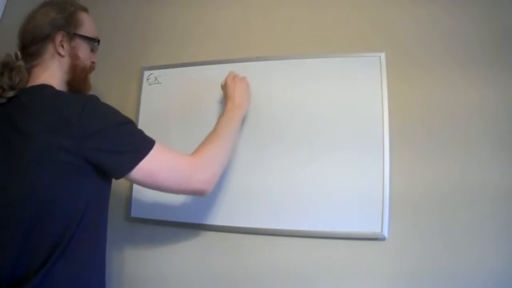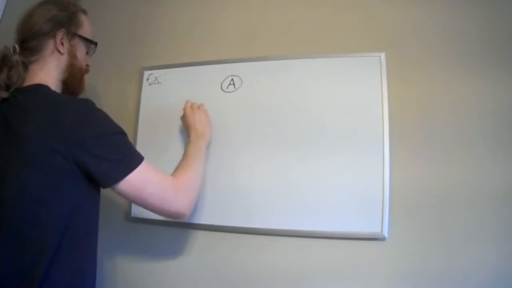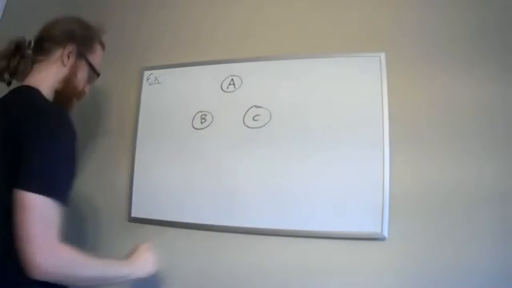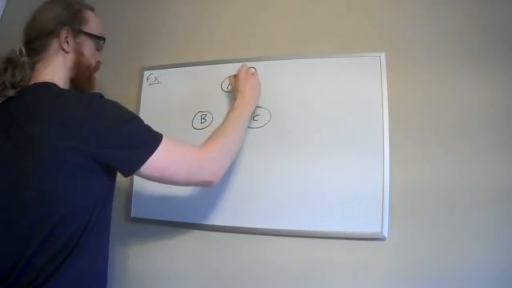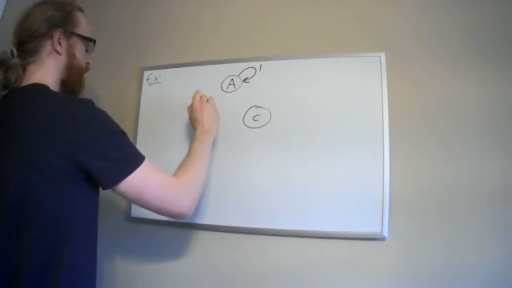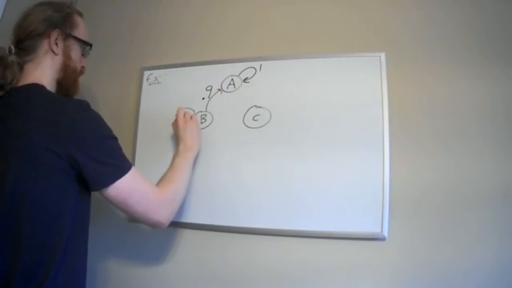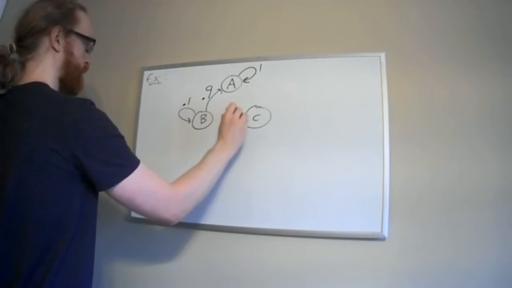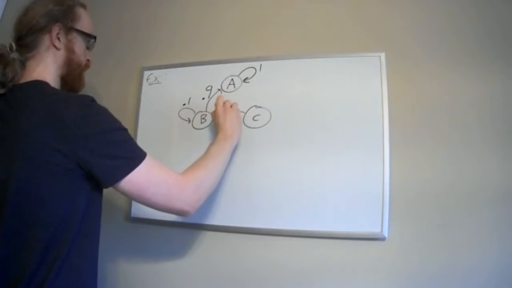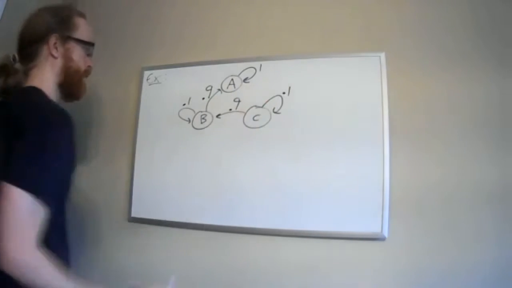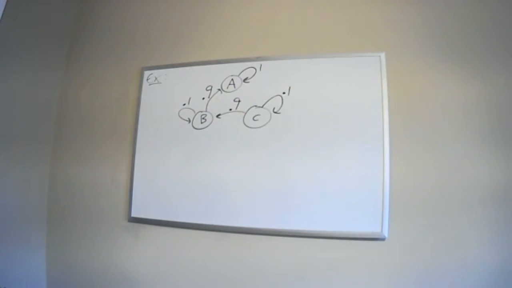Here's our transition diagram this time. There are 3 states, A, B, and C. We have an arrow to A, like this, 0.9. This is 0.1. This is 0.9, and this is 0.1. Okay, so here's my transition diagram.